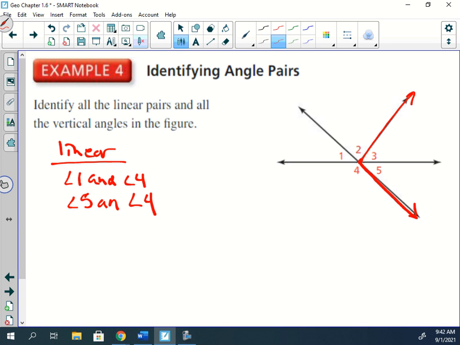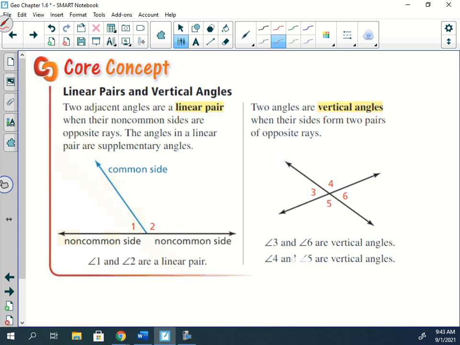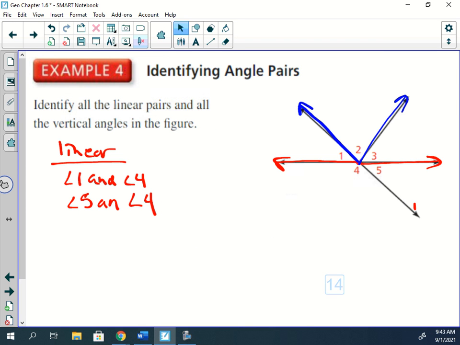So would 1 and 3 work? They are opposite rays, yes? And where's their common side? For linear pairs, they need a common side. 1 and 3 don't work.